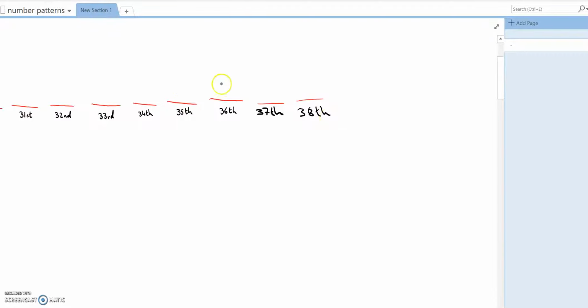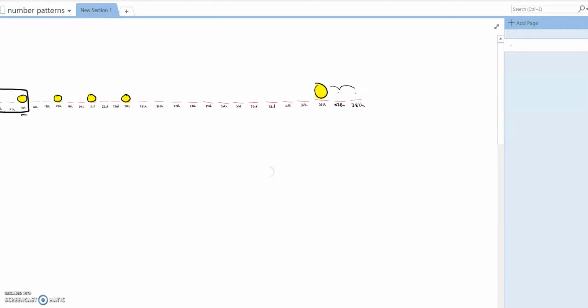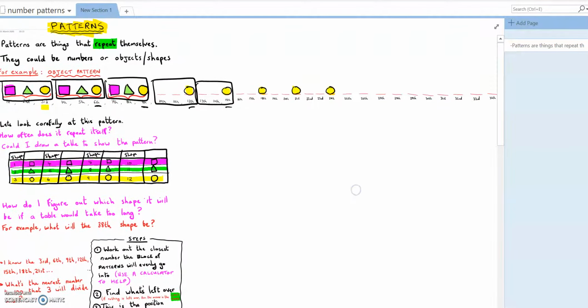So let's say I figure out that the yellow circle will end up here, or maybe not there, here. Well, then I can work out what the 38th shape will be. It will be 2 shapes after the yellow circle, which is a green triangle.